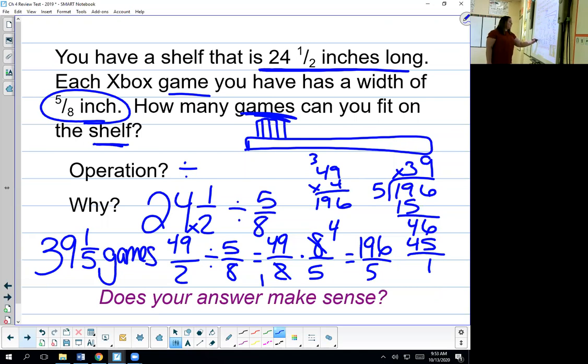So really, how many full games can I have? I could fit 39 on there. I can't fit 40 because I don't have enough space. So the answer is 39. That sounds reasonable. If you did it the other way around, you would have had like 1/39 of a game, which makes no sense. You have all that space, you can't even fit 1 on there. Make sure your answer makes sense.